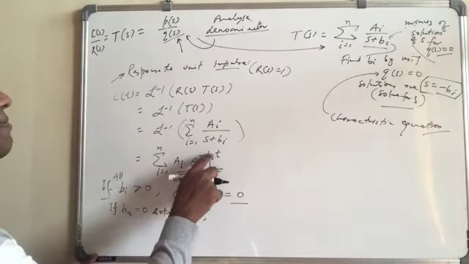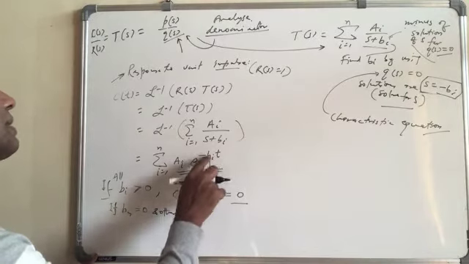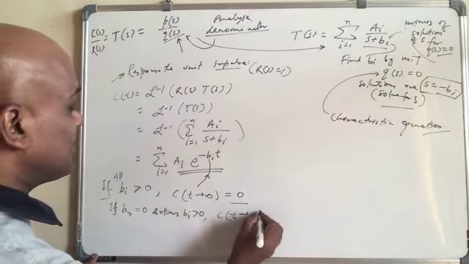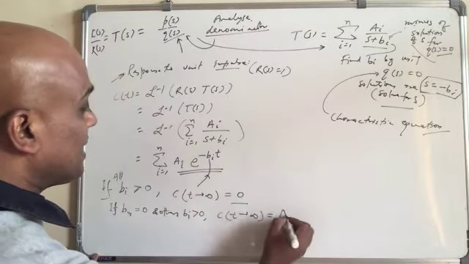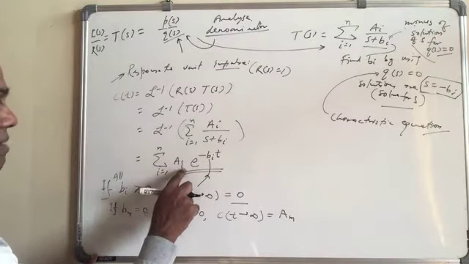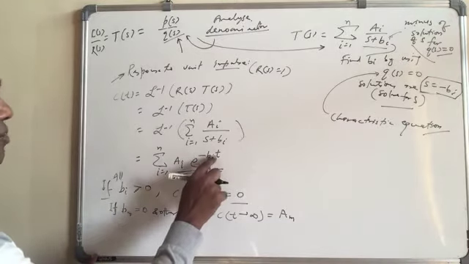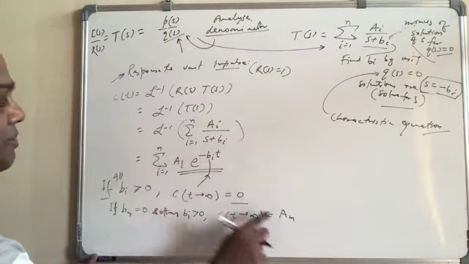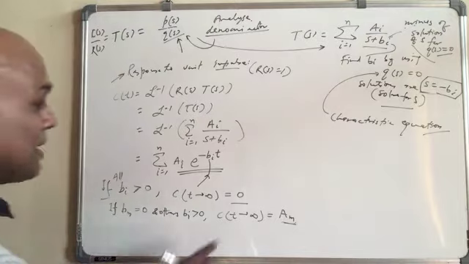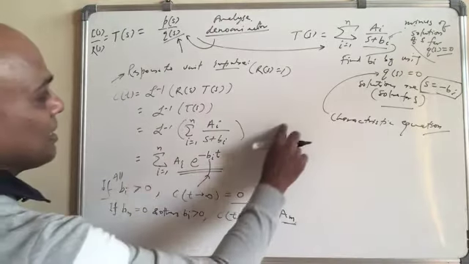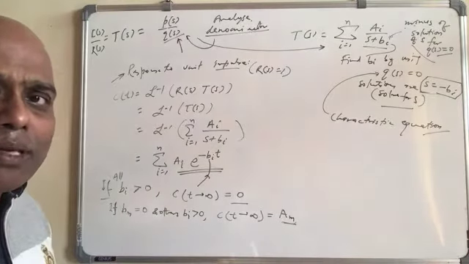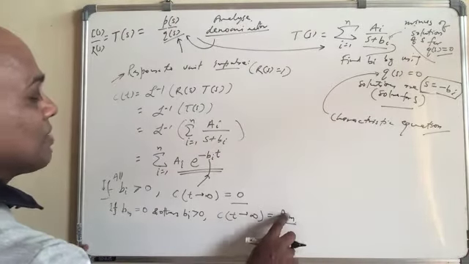One of them will have this 1, right? So you will find c(t) as t tends to infinity equals simply am. You will get the am value, because when i equals m, bi equals 0, you put 0 here, this becomes 1, so you simply get the am value. Okay, so you are giving input, which is the unit impulse, but the output you are getting is equal to am.